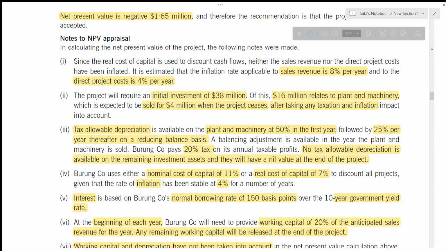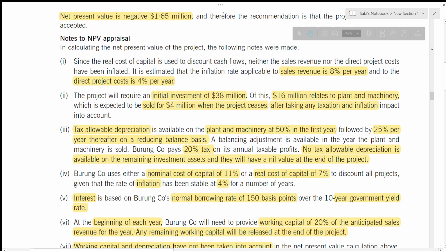Then you have to use the real cost of capital, like in this. But if you have inflated an amount, then you have to use the nominal cost of capital. So here they have not inflated, right? It is estimated that the inflation rate applicable to sales is 8% per year and direct project cost is 4% per year. So you can see that the inflation rate is different for sales and different for cost.